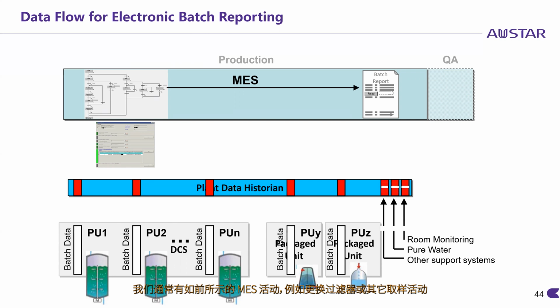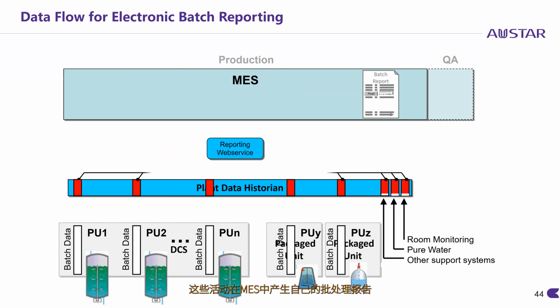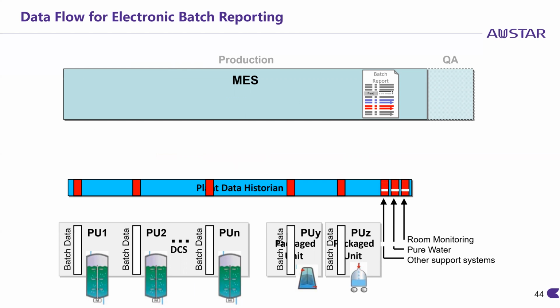Now, when the time has come to ask for the final data, when a batch is more or less finished, we can ask MES to activate the reporting web service, which brings data and adds them to the already existing batch reports of MES.